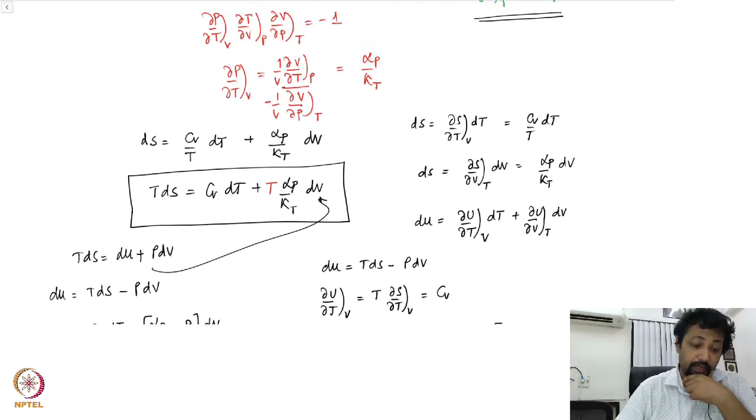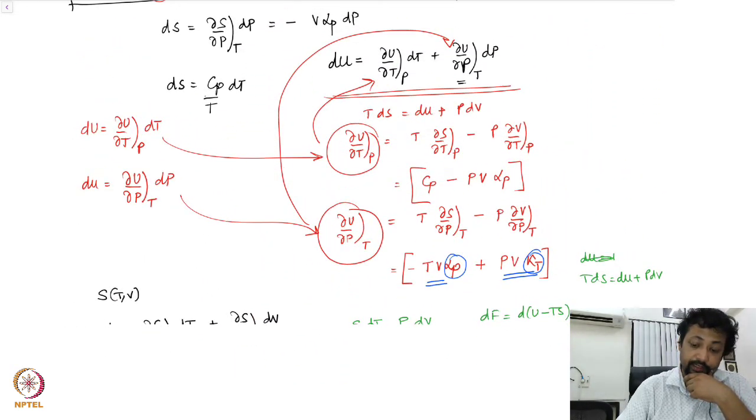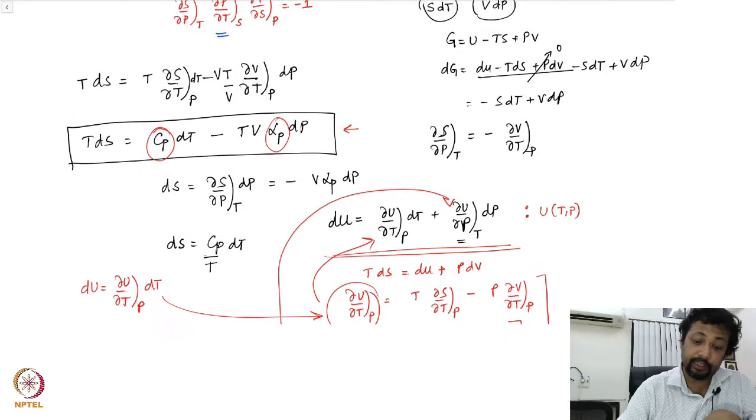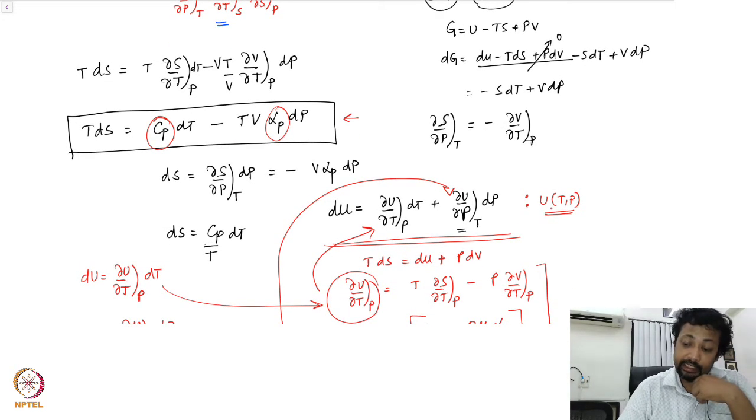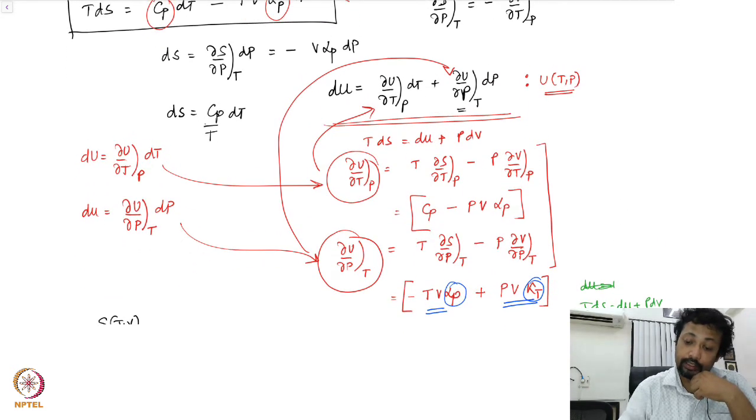Just a remark, the way we have done this part, where we have calculated this, here it assumes that U is a function of T and P. In the earlier example we assumed that S is a function of T and P, and then we went on to calculate U as a function of T and P. I just want to say that I can do the same calculation and arrive at the same result from the first law, which is TdS is equal to du plus PdV, and du is TdS minus PdV.